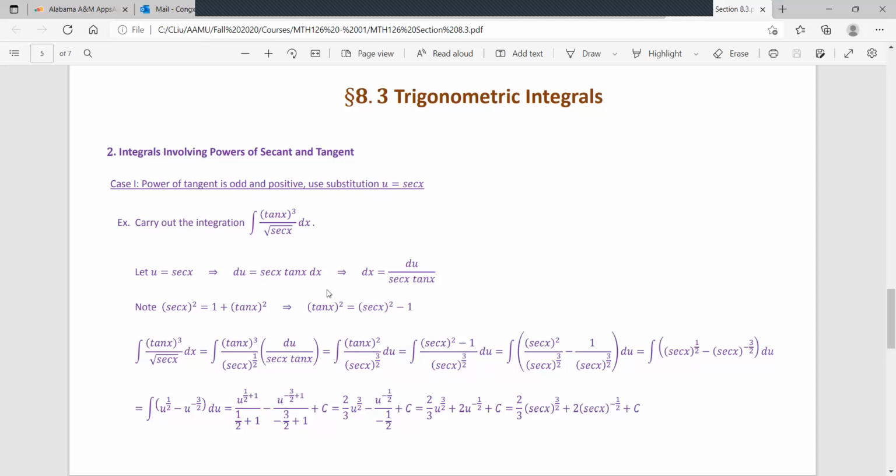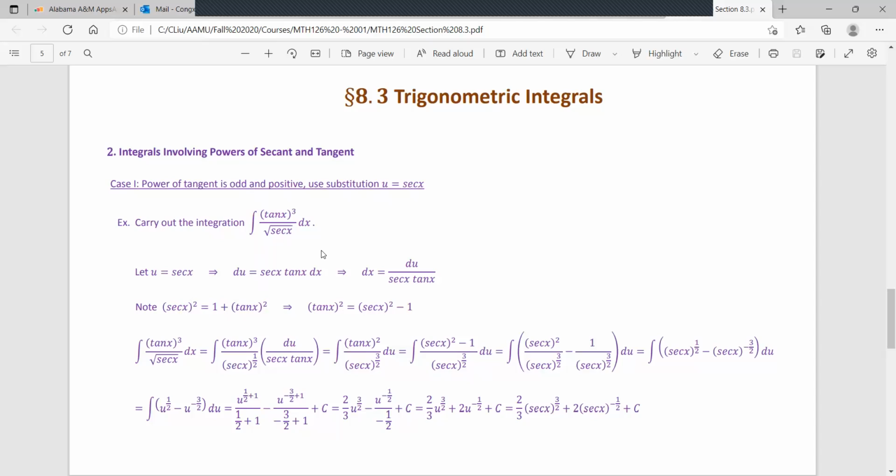Now, we also need another identity, a trig identity here. Secant x squared equals 1 plus tangent x squared. And we can rewrite tangent x squared as secant x squared minus 1 if you subtract 1 on both sides.